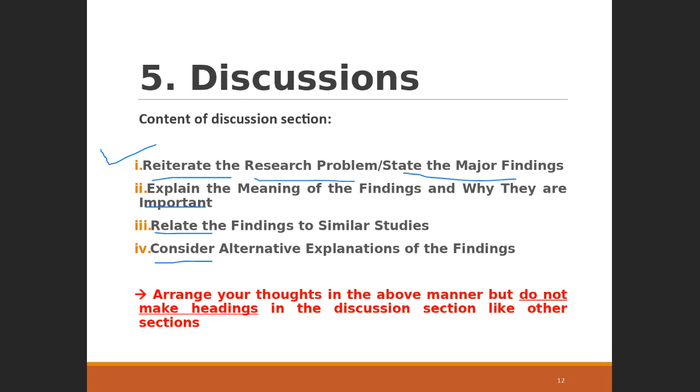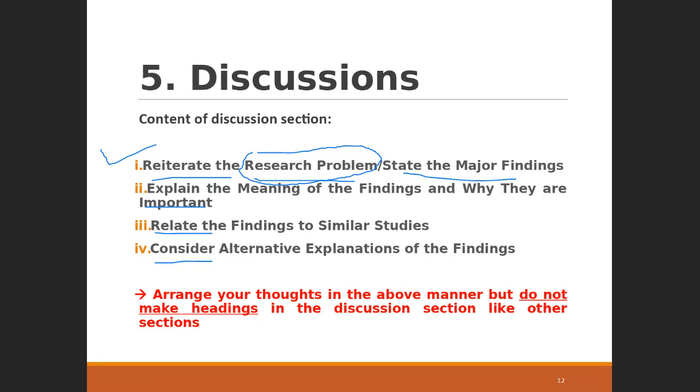Now, when you began writing your research report, you also wrote the research problem in the introduction section, right? But at that time you were not clear about your results. You were not clear about whether your hypotheses would be accepted or rejected, because you did not collect data and did not test your hypothesis.